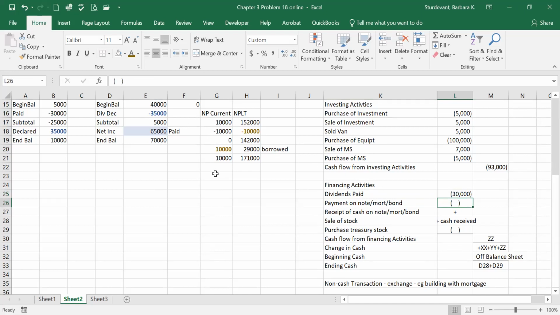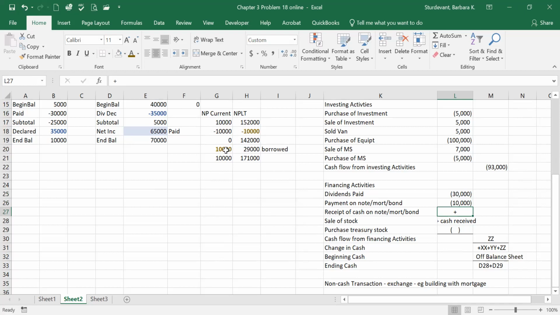And then we have to go to our note. And remember what this said. It said all current liabilities are paid in a timely manner. So that means this 10,000 was paid. This 10,000 added here, subtracted here. So they net each other out as far as cash flow goes.